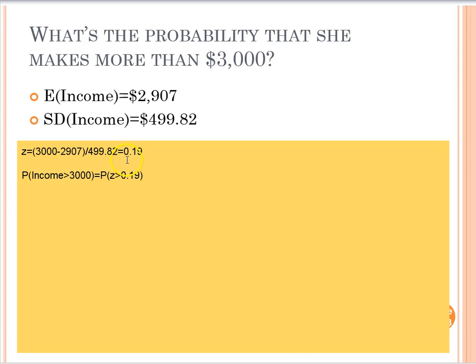That's going to give us a z-score of 0.19. So when we're saying we want to find the probability that income is greater than $3,000, that's equivalent to saying we want to find the probability that Z is greater than 0.19. We can use our Z tables to find this probability, and since these are equal, it's going to answer our question.